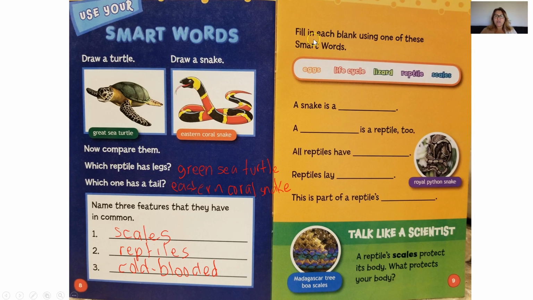Okay. Now we're going to fill in each blank using one of these smart words. We have eggs, we have life cycle, we have lizard, reptile, and scales. A snake is a what? A snake is a reptile. Okay, so we're going to cross that word out.